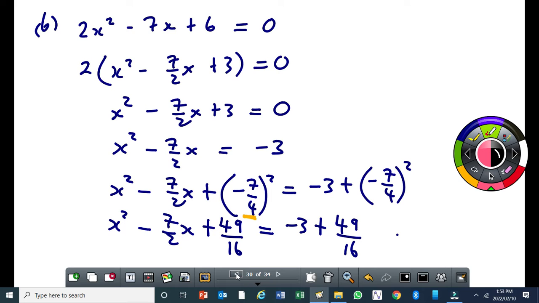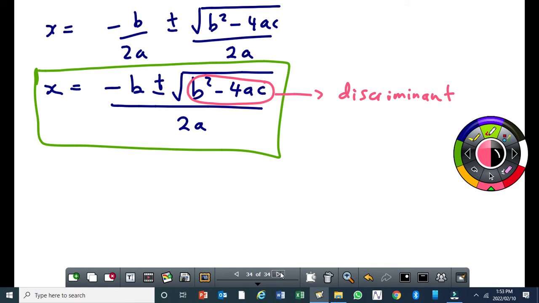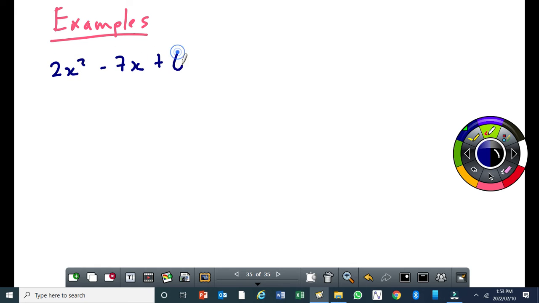We should come to the same answer. So here, you have 2x squared minus 7x plus 6 equal to 0.